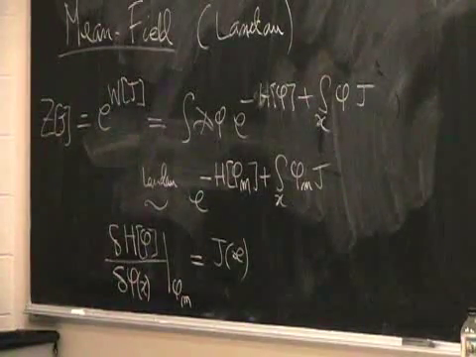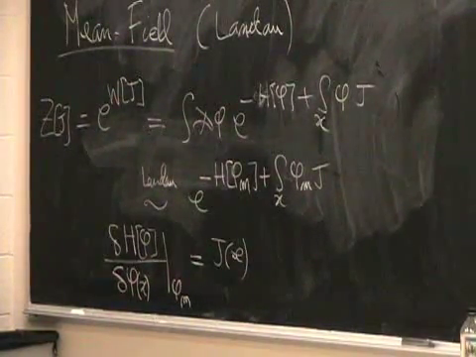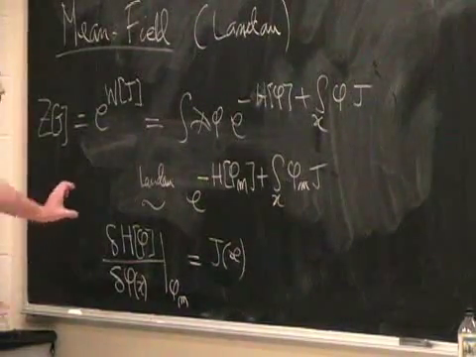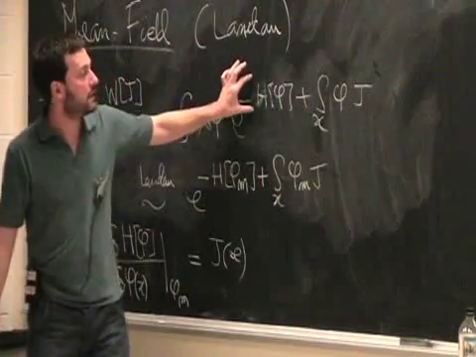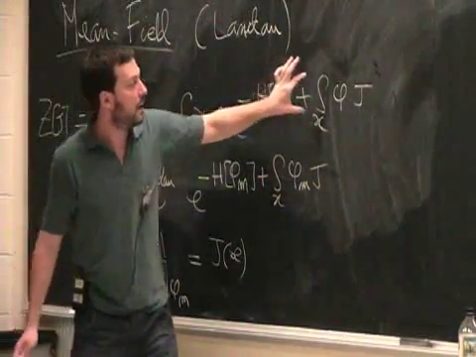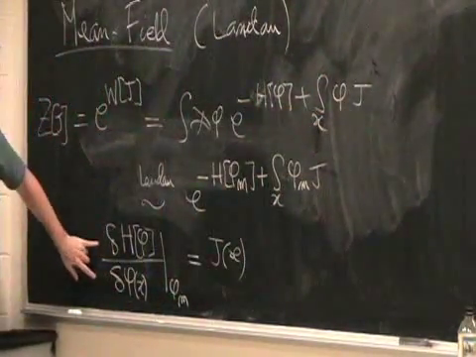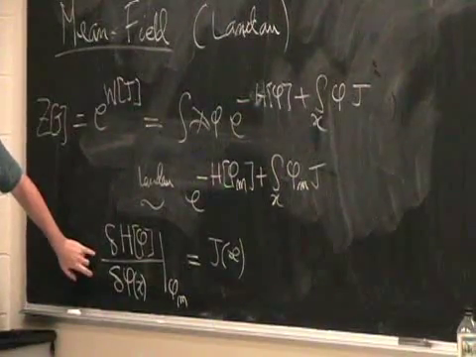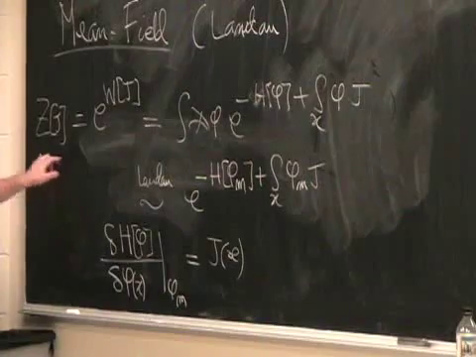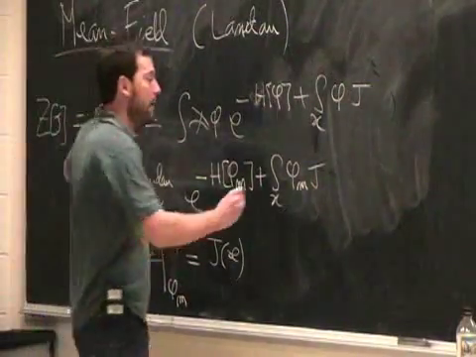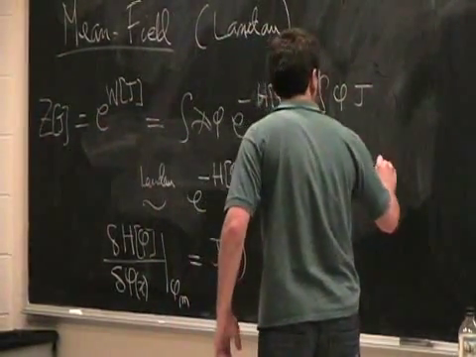Is it clear for everybody what I'm doing now? I simply take the derivative in order to find the extremum of the exponent. I take the functional derivative of this, and this is the expression of this functional derivative. So we have here the expression for the Helmholtz free energy.